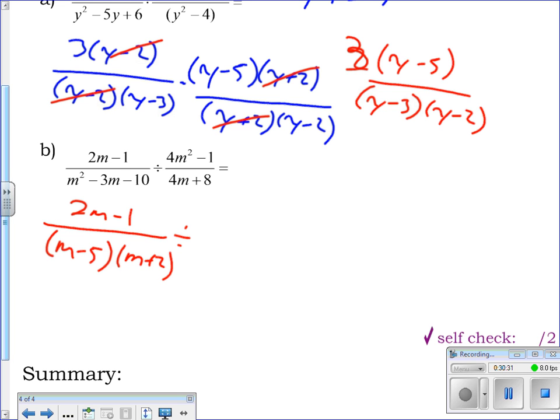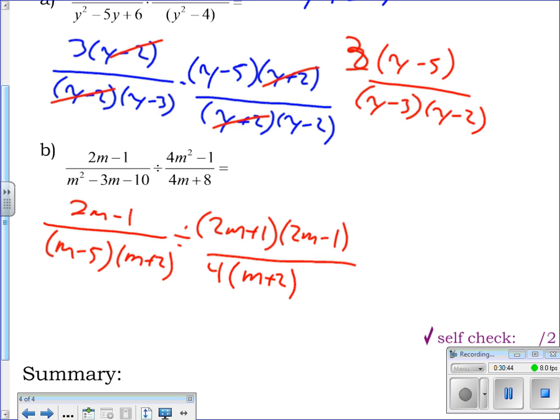That's not an easy one to see. All over, and I can factor a 4 out of this: 4 times m plus 2. My domain restrictions: 5, negative 2. So m can't be 5 or negative 2. At this time, those are all my restrictions.